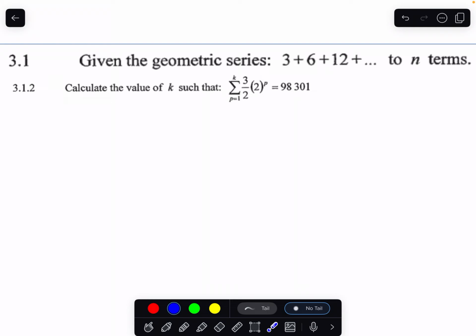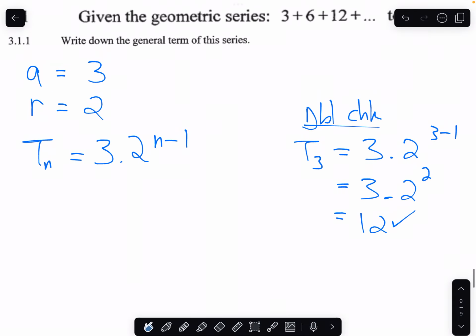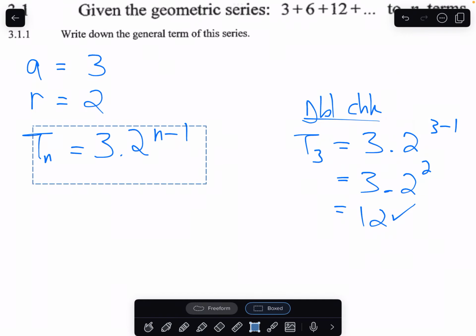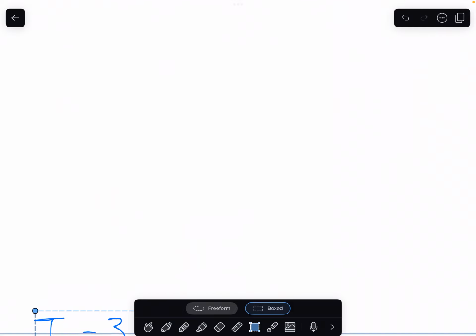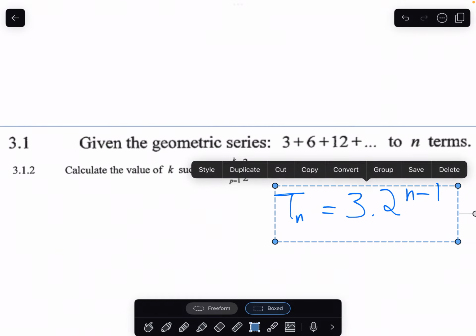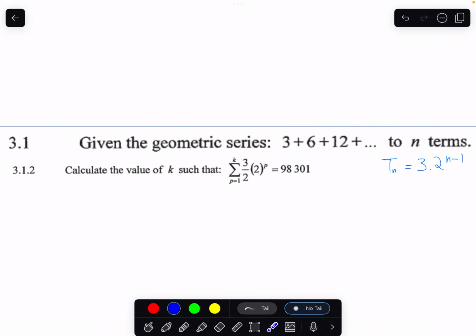Okay, and because this is a part 2 to the question, it makes me feel like this probably has something to do with our answer to the first question. So we got the general term for this series over here, the series we started out with. And this kind of looks like what's going on here, except there's a divide by 2 going on.